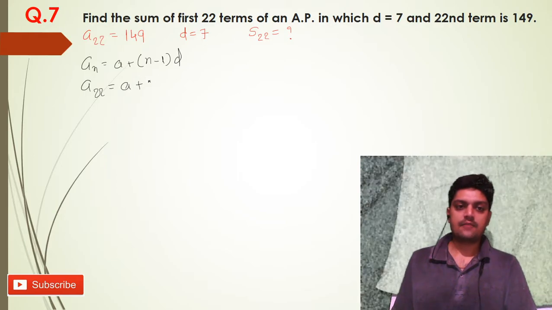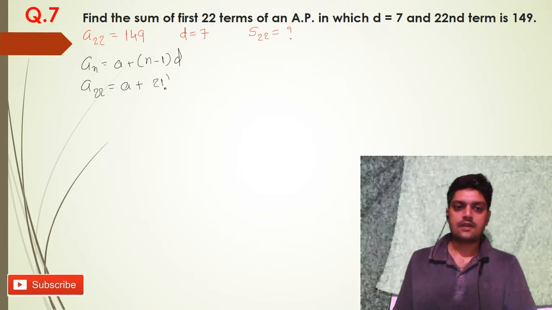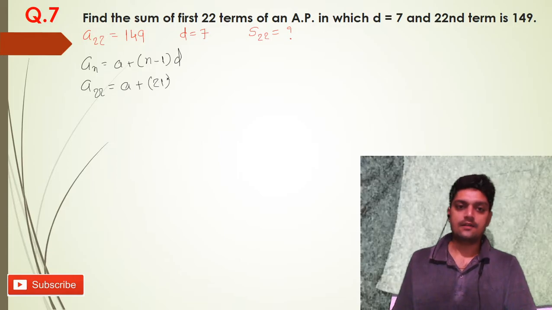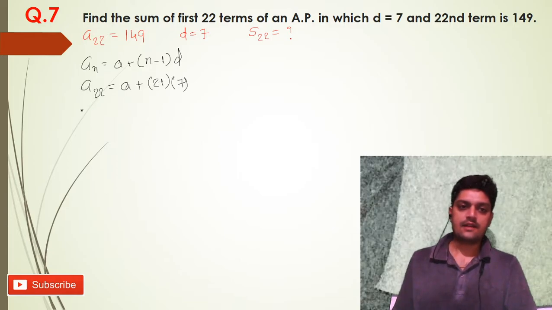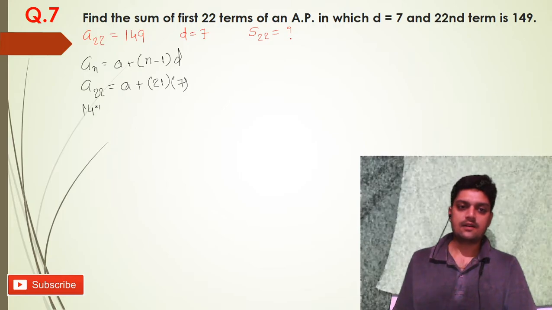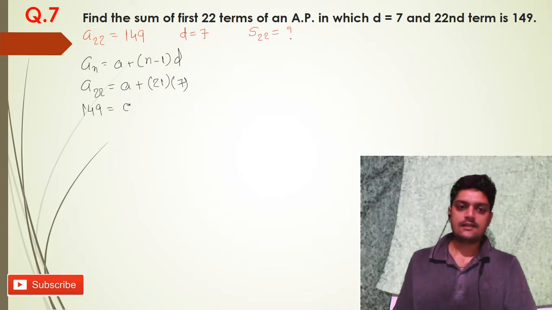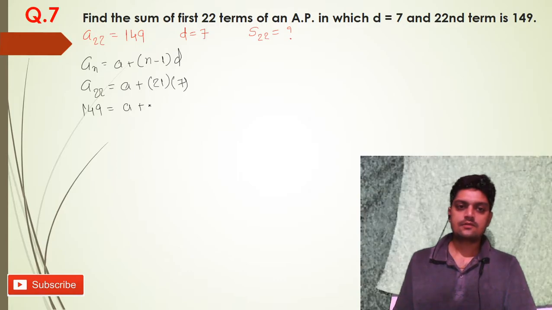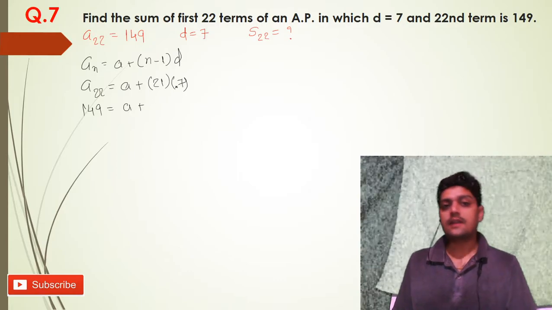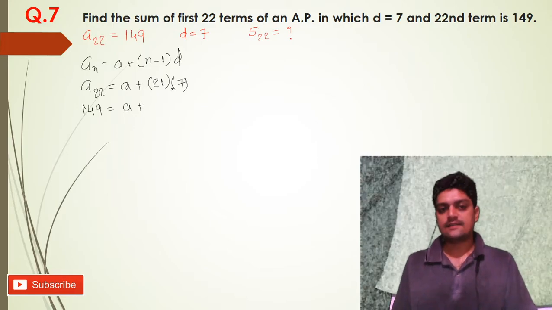So 22 minus 1, so 21. I will just write down directly 21. Okay, and d is what? That is 7. So a22 is also given, that is 149 is equal to a plus 21 into 7.